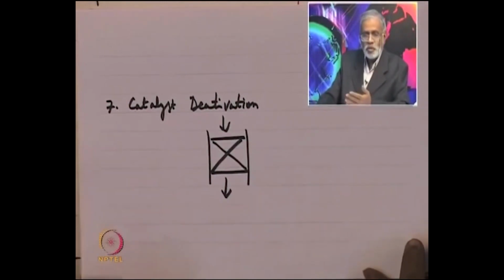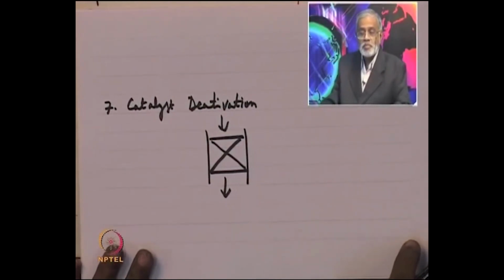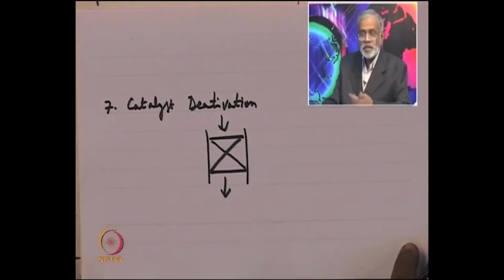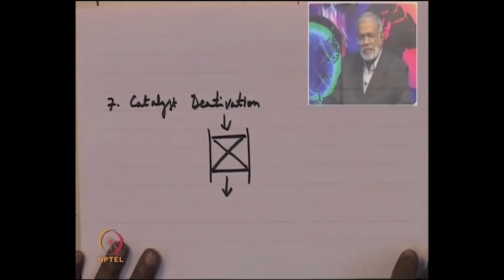We know of ammonia synthesis, for which Haber won a Nobel Prize in 1915 for the discovery of the synthesis catalyst. Of course, a lot of improvements have come since then, and catalysts are at the center of many important processes which make life so easy for us today compared to what it was maybe 100 years ago. But catalysts undergo deactivation.